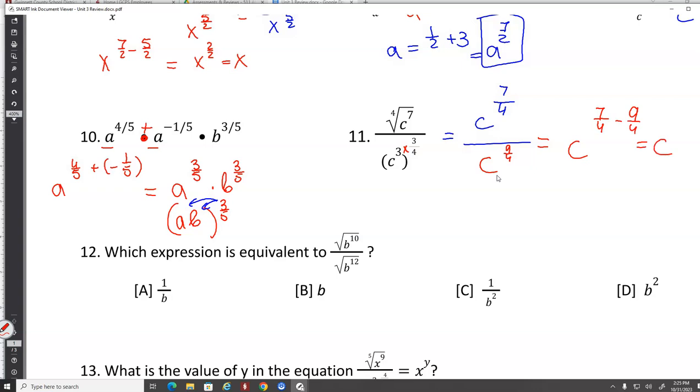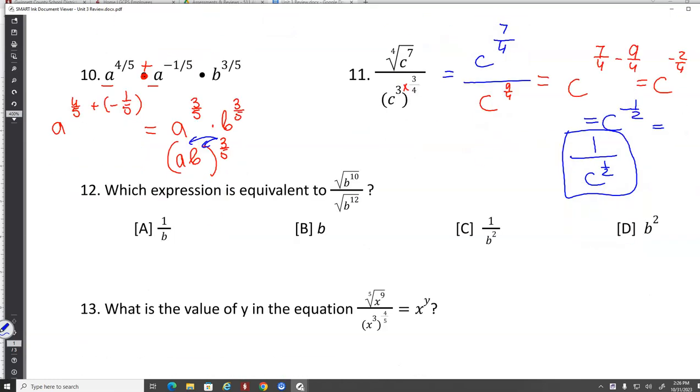That's going to give me -2/4. And of course, I can simplify 2/4 to 1/2. So that's going to be C to the -1/2. And if I want to write it the correct way, I'm going to write it over the fraction, which is 1 over C raised to 1/2. And this would be your final answer.